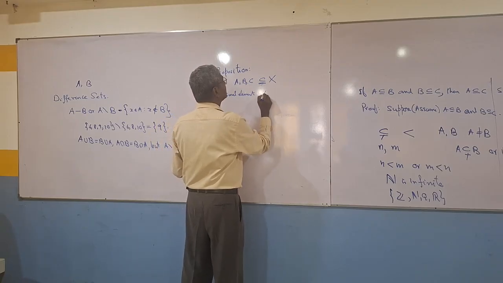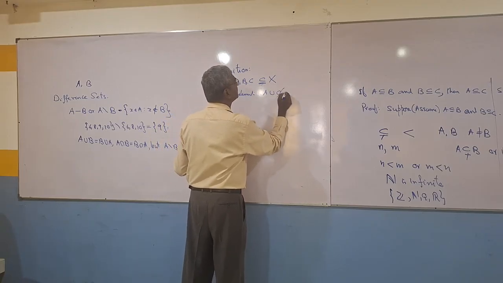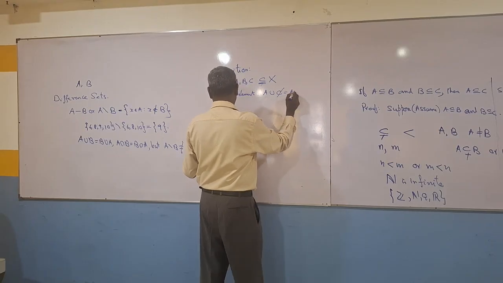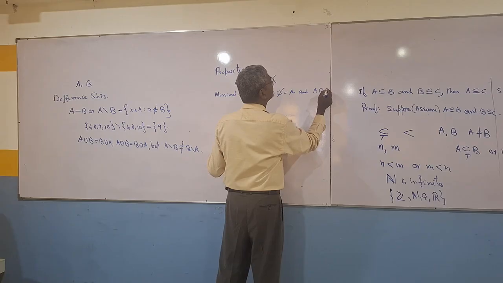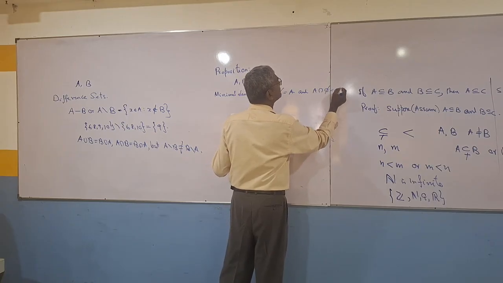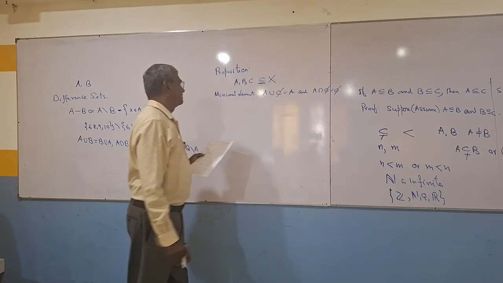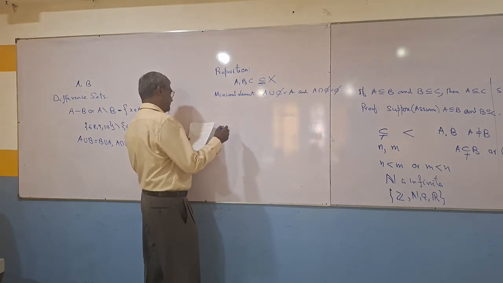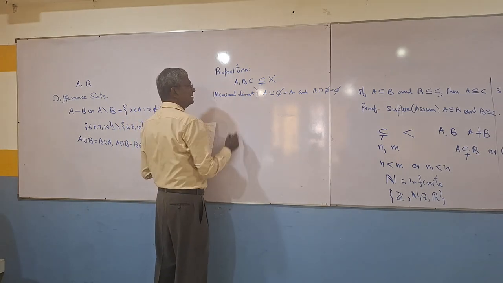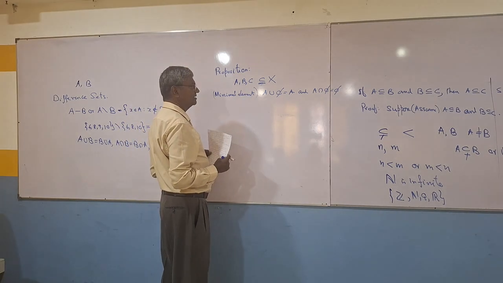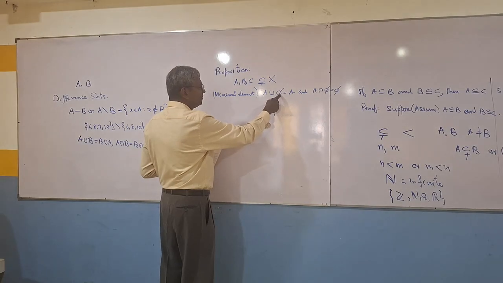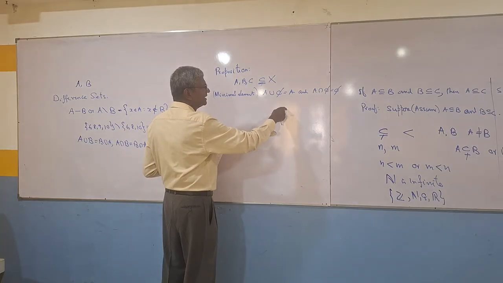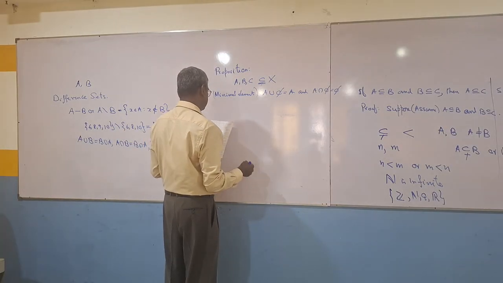We have A union empty set is A, and A intersection empty set is empty set. So empty set is like the smallest element, no? Whether you add empty set, it does not change. That kind of idea here.